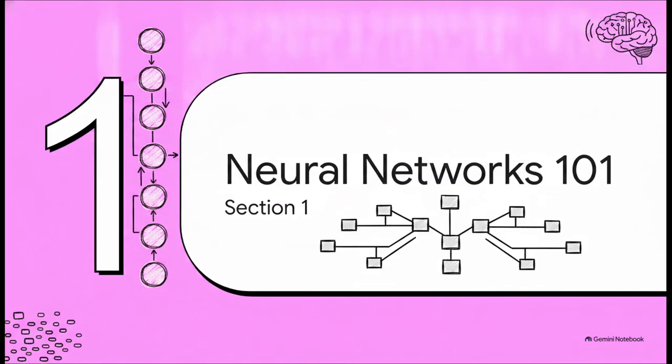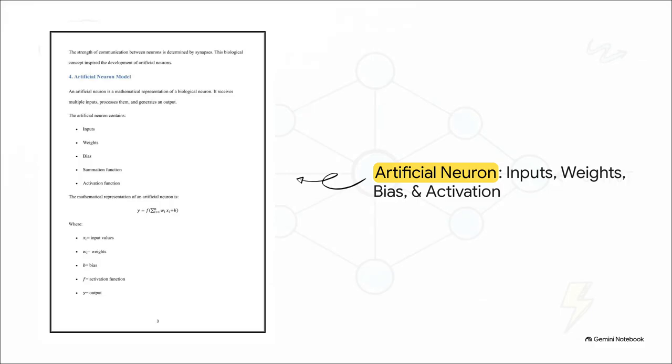Okay, Section 1, Neural Networks 101. Let's build our foundation right now with the fundamental building blocks of deep learning. Now, mark this down because this conceptual model is exam important. It elegantly mimics a biological brain. Just like a real brain uses synapses to connect neurons, an artificial neuron takes inputs, raw data, and multiplies them by weights.